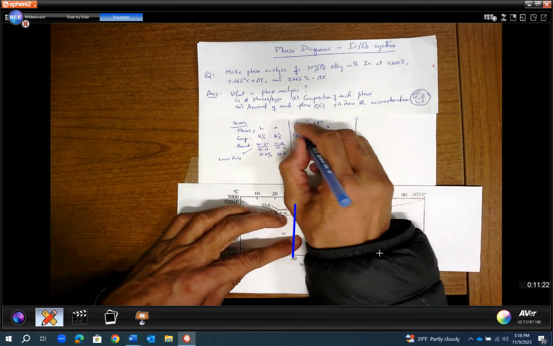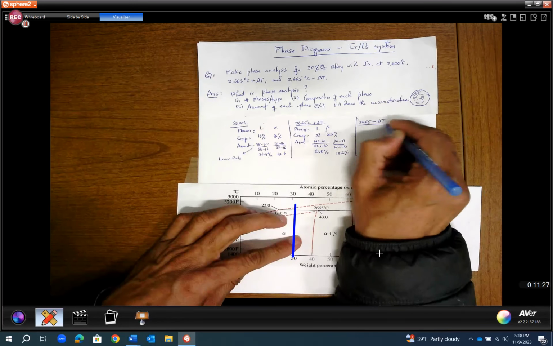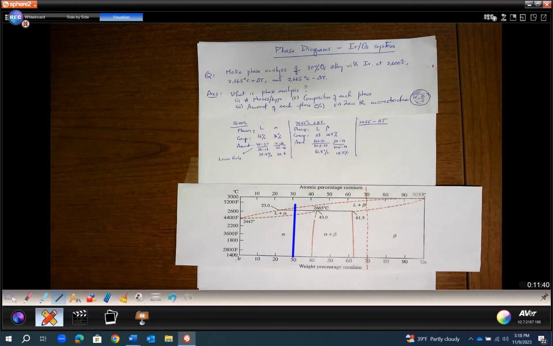Similarly, now at 2665 minus delta T, which is a little bit below, right? So what we did right now was 2665 slightly above, right? I don't know how to show that. Let me erase it, and then maybe I can show it from an erasure. There you go.